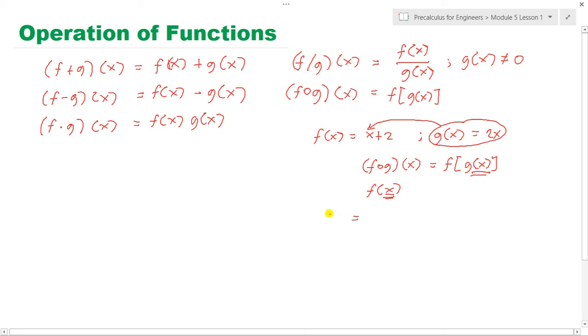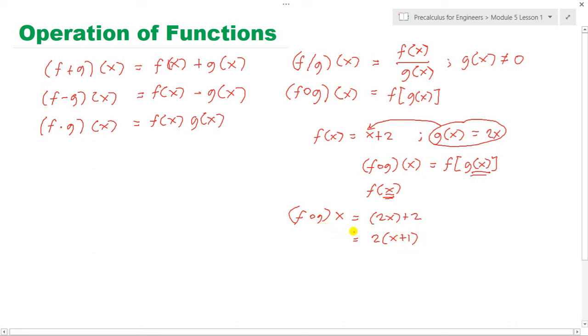So we have here f of g of x is equal to x plus 2, and x is the entire g of x. So put there 2x and then plus 2. Therefore the answer in factored form is 2 times x plus 1. So this would now be f of g of x.